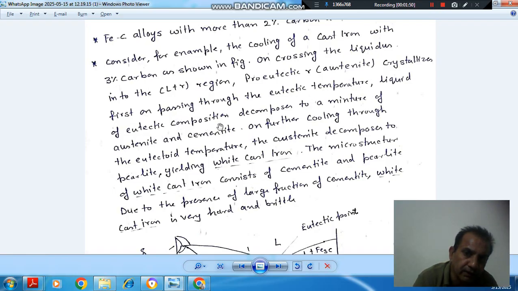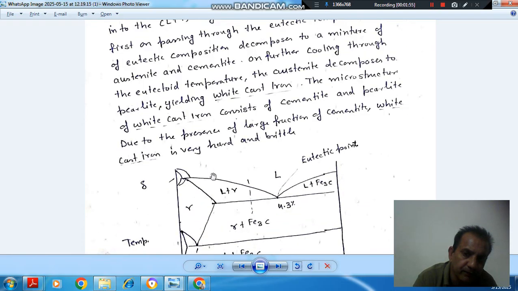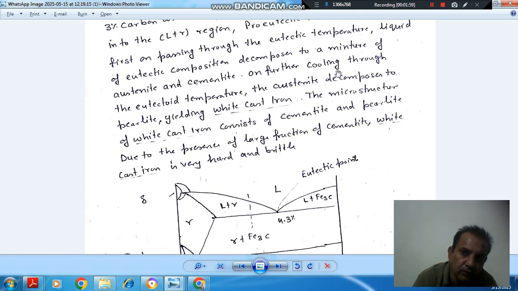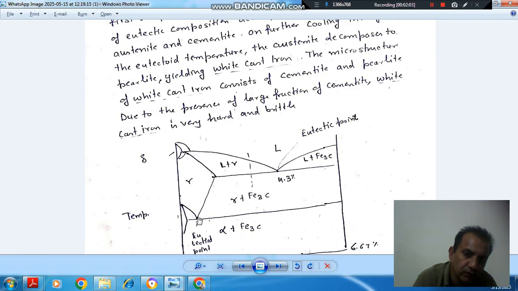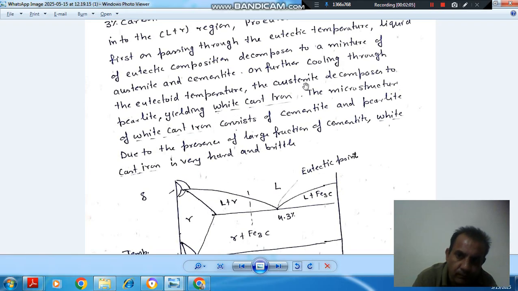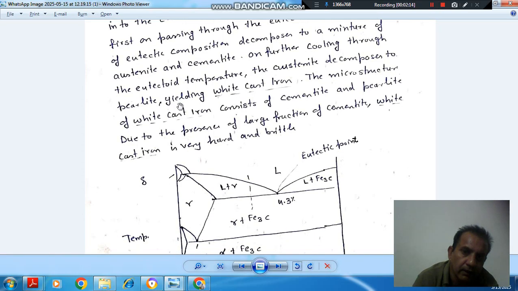On passing through eutectic temperature, liquid of eutectic composition decomposes to a mixture of austenite and cementite, and here we get austenite and cementite. Now on further cooling through the eutectoid temperature, austenite decomposes to pearlite, yielding white cast iron.